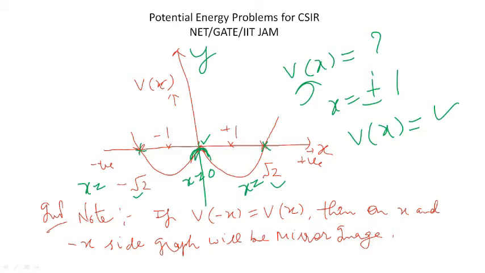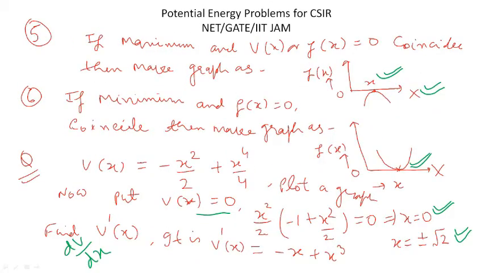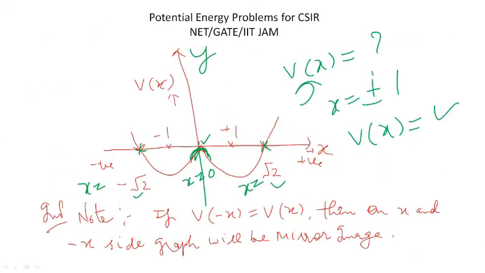Means, if you see what your Vx was earlier, it was Vx equal to minus x square by 2 plus x to the power 4 by 4.